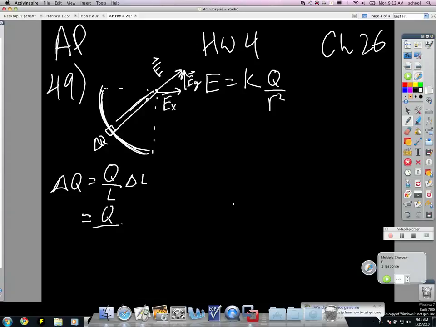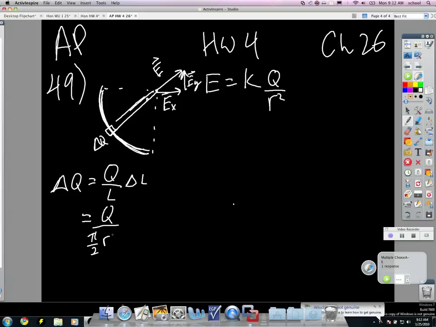So we get pi over 2 times r. And this delta L, that little length, is a section of that arc. In most cases they call it arc length, S. So instead of this L, we're actually using S, and this becomes delta S, the little section of the arc length.